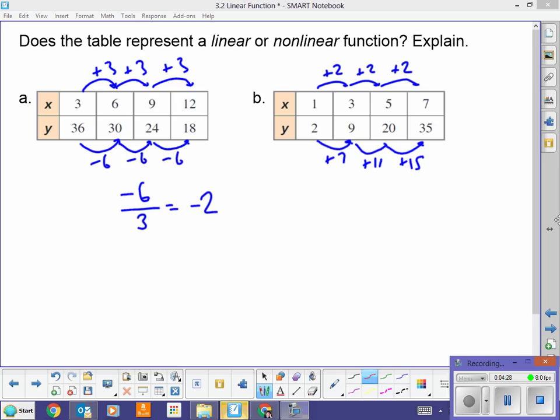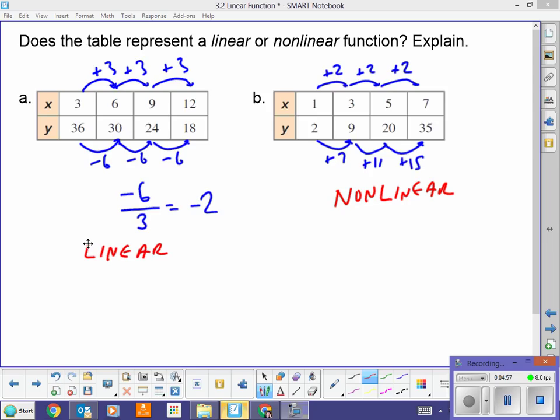When I say constant, I mean it's the same. So here, negative 6 to 3, negative 6 to 3, negative 6 to 3. It's a constant rate of change. Here is 7 to 2, 11 to 2, 15 to 2. This is not constant, so this is going to be a nonlinear function. I'm not going to get that nice straight line. And this one is linear.